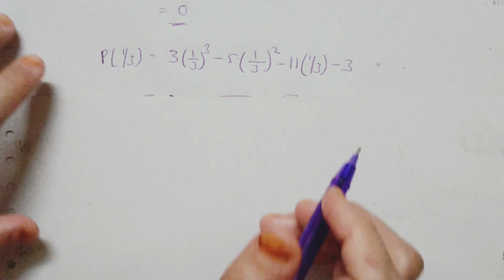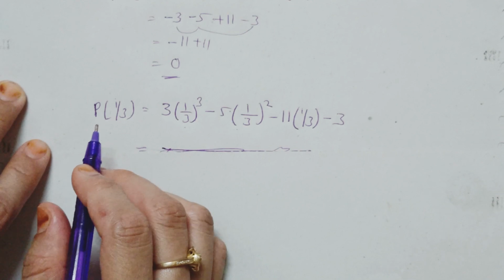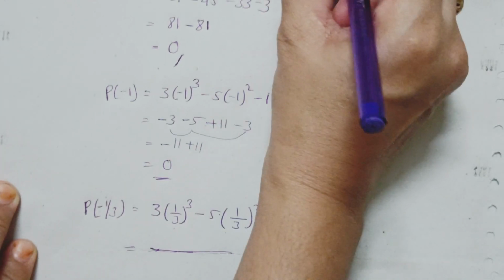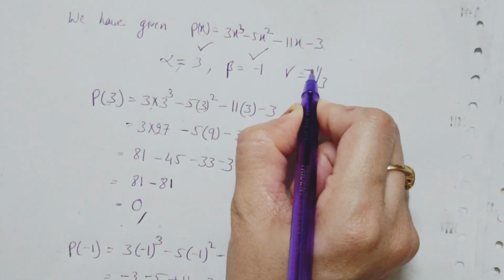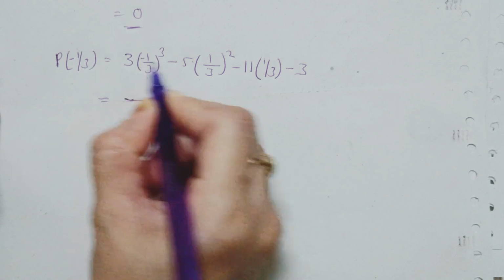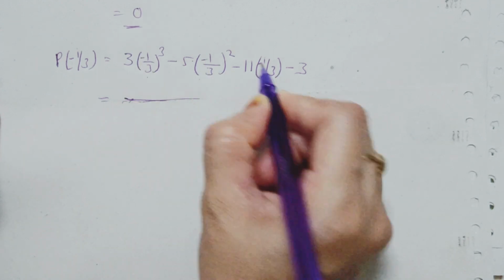Okay, let us do it again. Actually here the root is minus 1 by 3, sorry, minus 1 by 3. So minus 1 by 3 is substituted for x in each term.